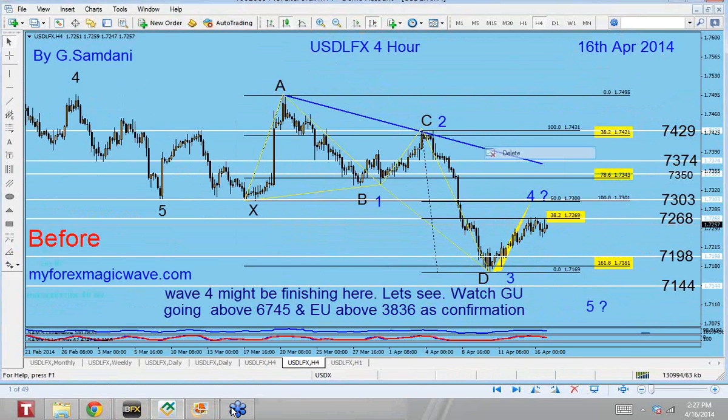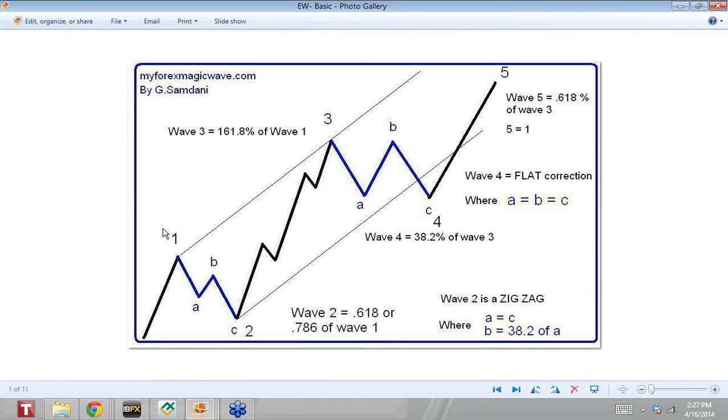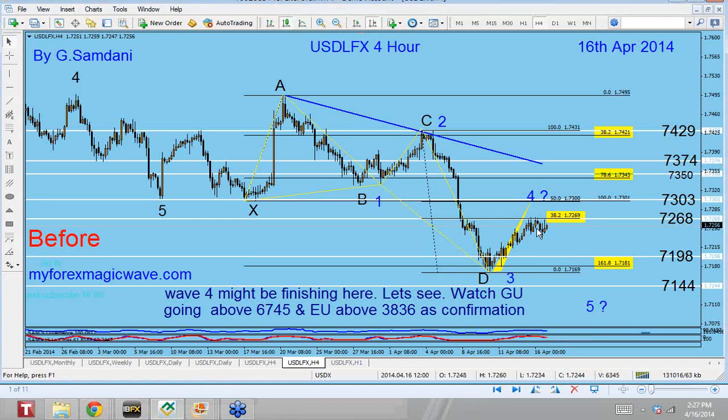Now if you have wave 1, 2, 3, then you need wave 4. Either it's a sideways wave or sometimes it's a fast wave 4, just like wave 2. What we're having now is a fast wave 2.